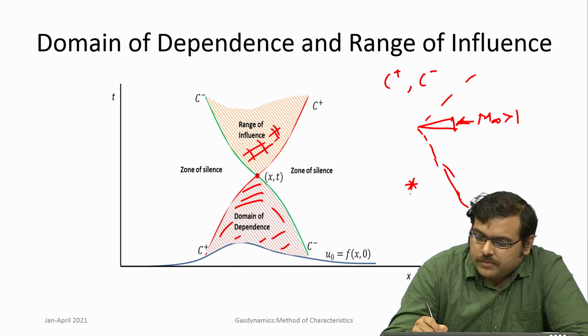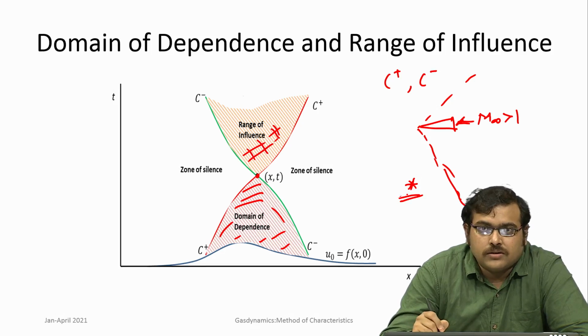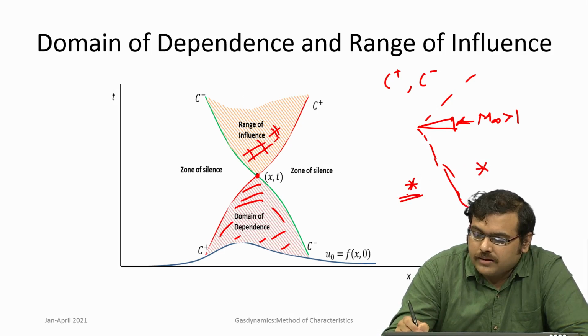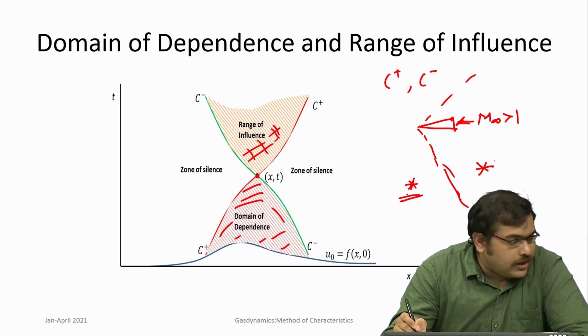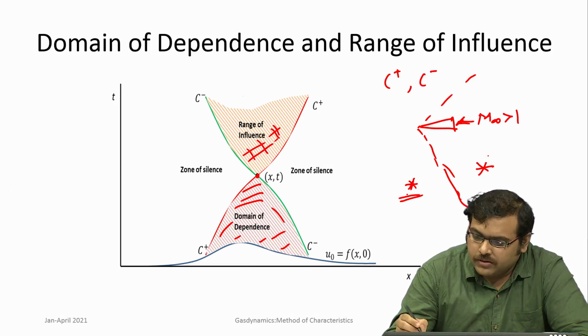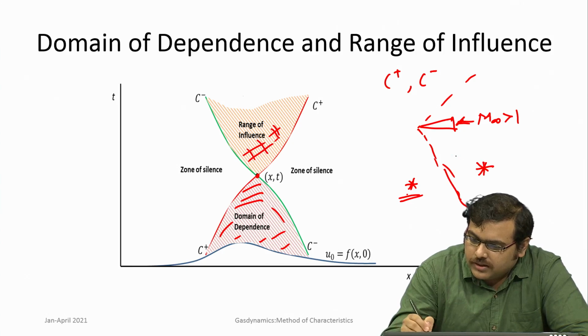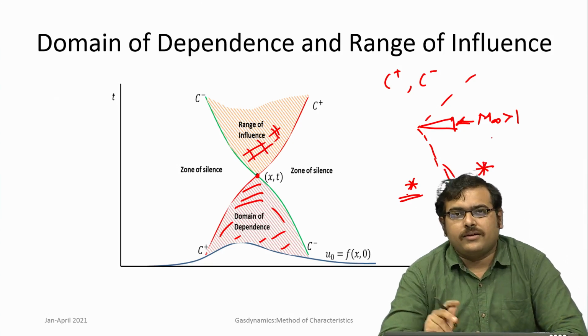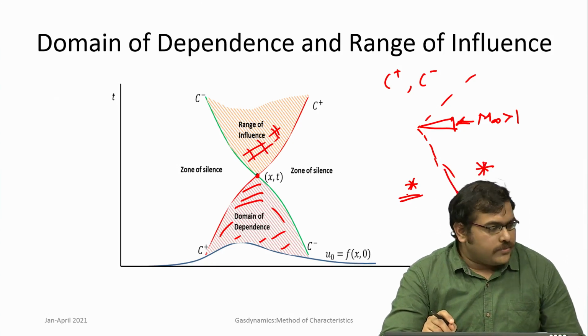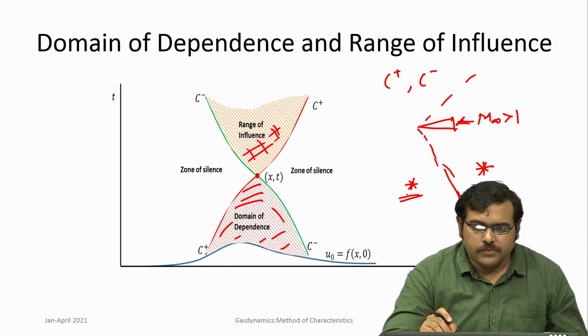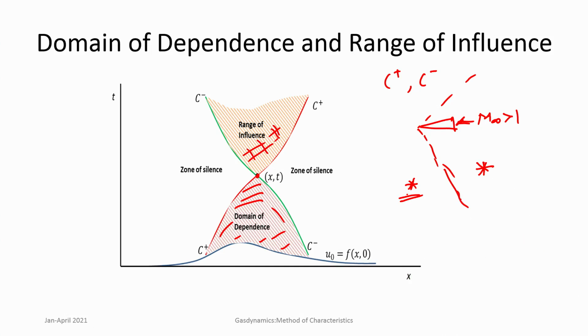The other point, which lies within the region influenced by the characteristics or Mach waves, does get the influence. Okay. So, this is what is known as domain of dependence and range of influence.